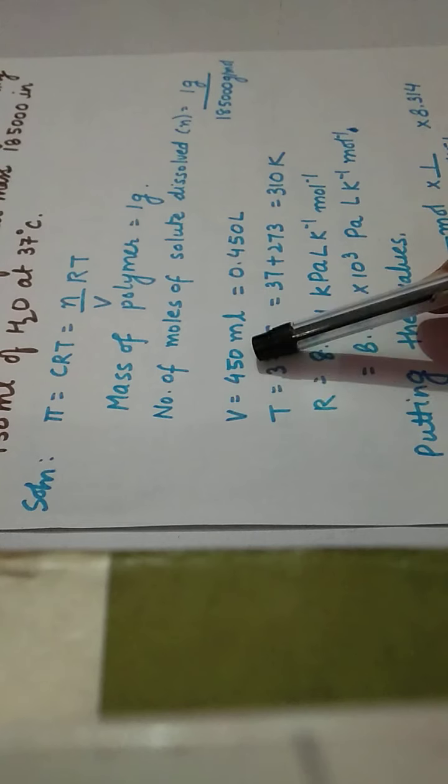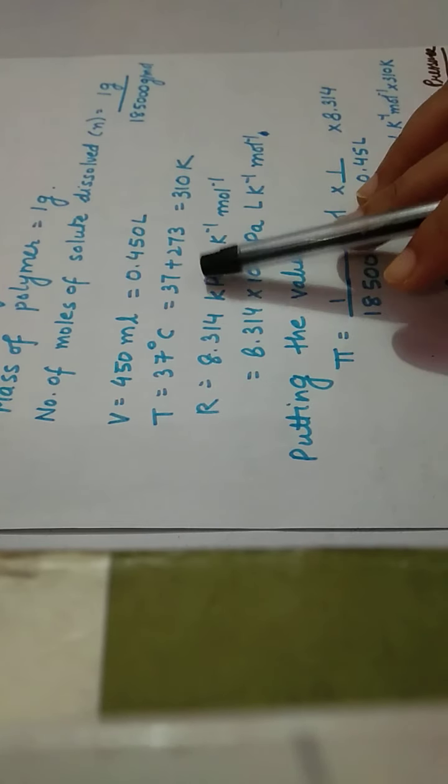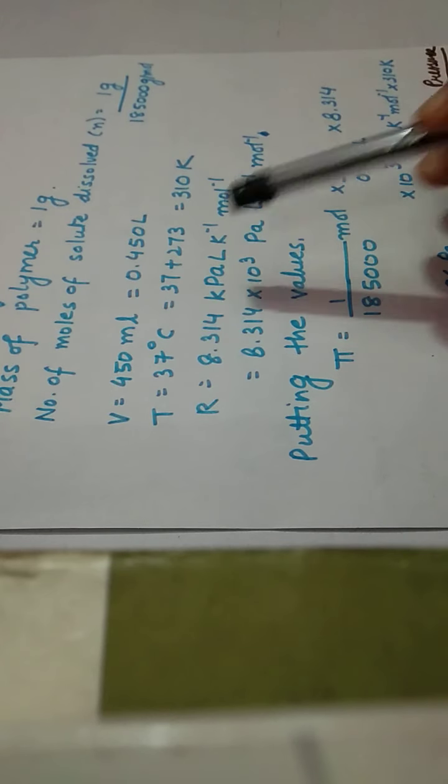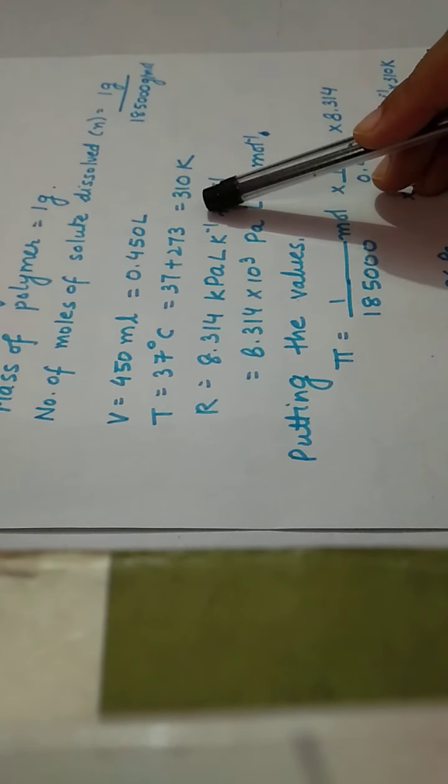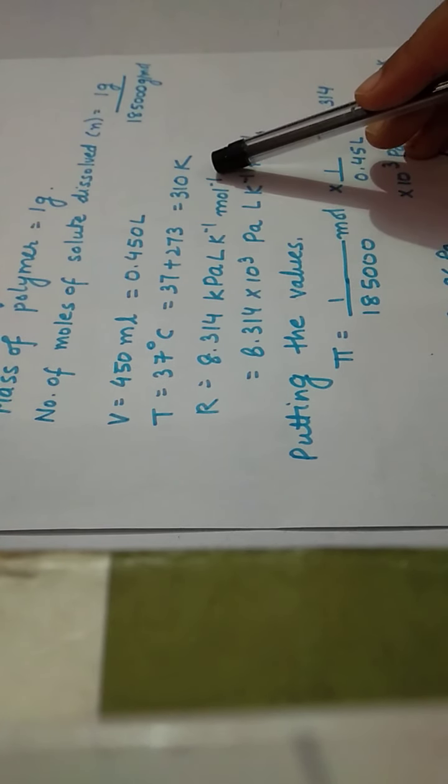So you will divide 450 ml upon 1000. So you'll get 0.450 liters. Now temperature. Temperature given, children, 37 degrees Celsius, and you need to convert this degree Celsius into Kelvin. So 37 plus 273, it will be equal to 310 K.